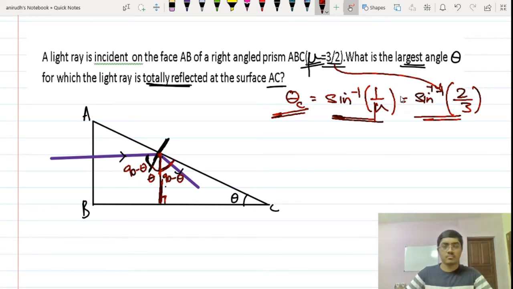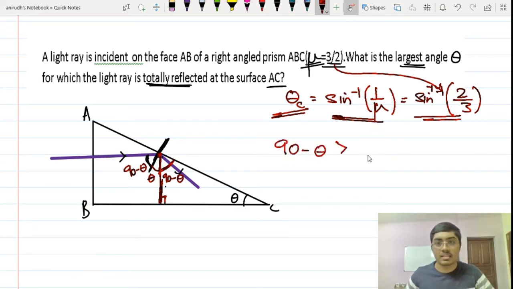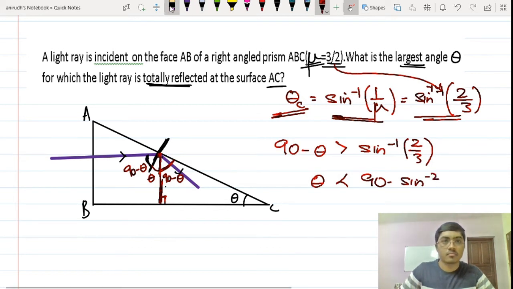The point is 90 minus theta should be more than sine inverse of 2 by 3. So I can say theta is less than 90 minus sine inverse of 2 by 3.